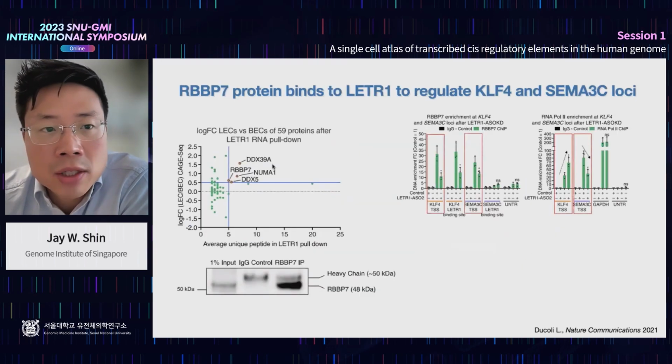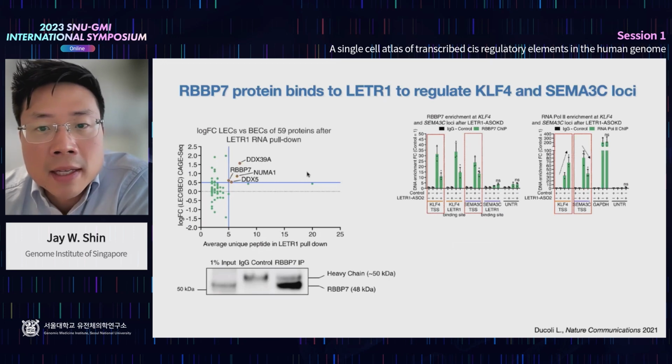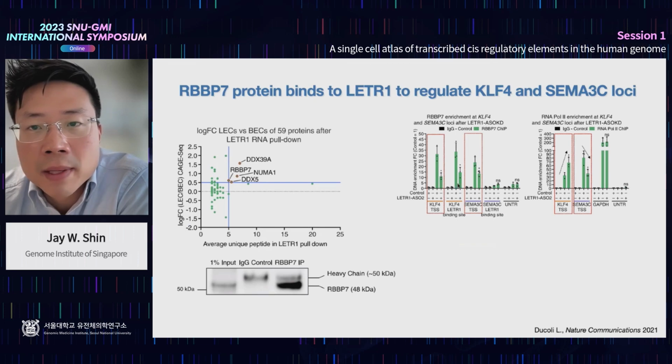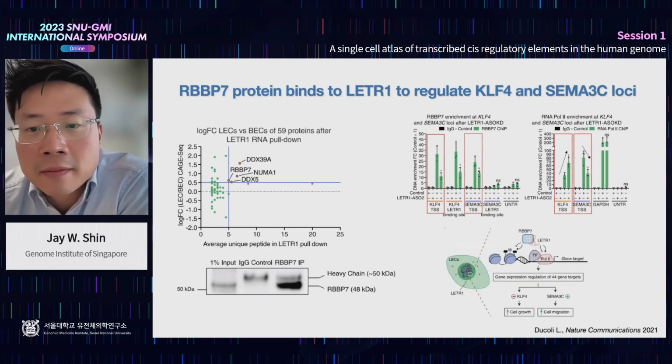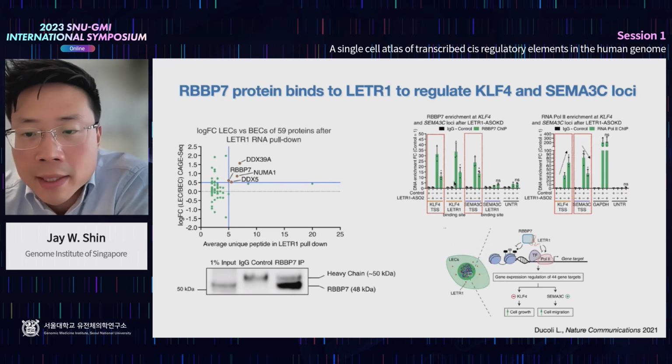And they actually interact with one of the key RNA binding proteins called RBPP7. And if we knock down these non-coding RNAs, or the protein coding genes which interact with this non-coding RNA, it can lead to a significant depletion of cell phenotype, the cell growth rate.